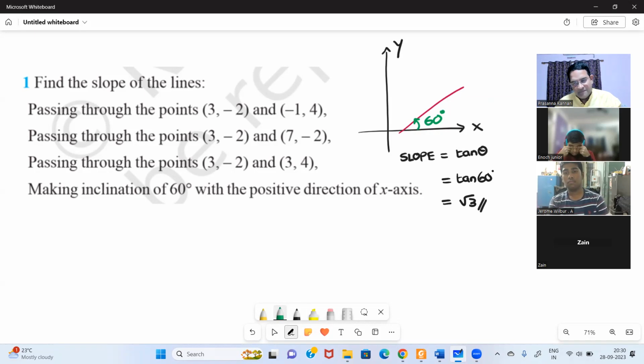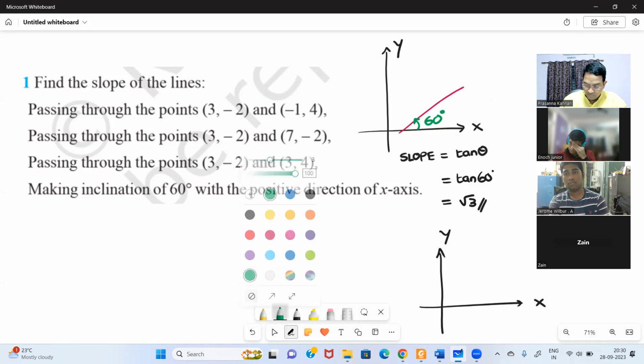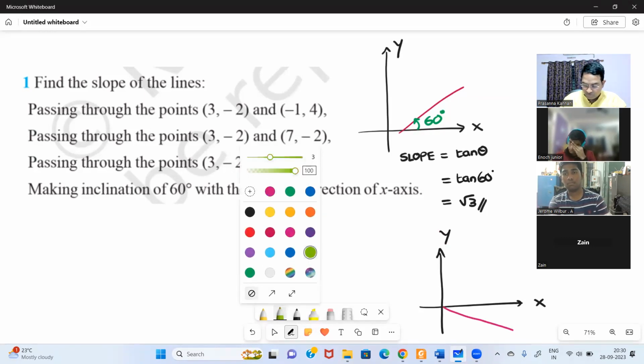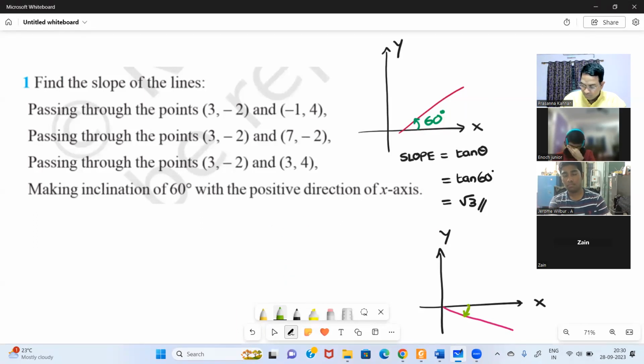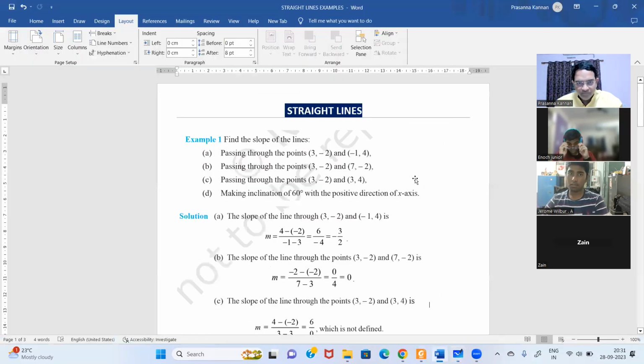If I say minus 60 degrees, or minus 30, let us say, that means I still start from x-axis, but then I go in the clockwise direction. This angle I'll call as minus 30. Is it clear, Jerome? Yes, sir. Yeah, good. Okay, fine.